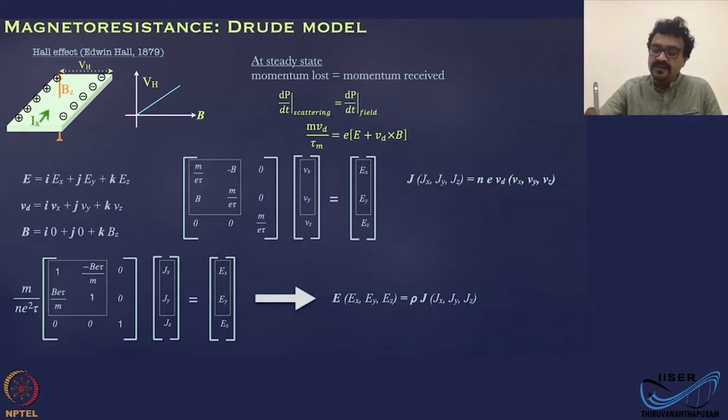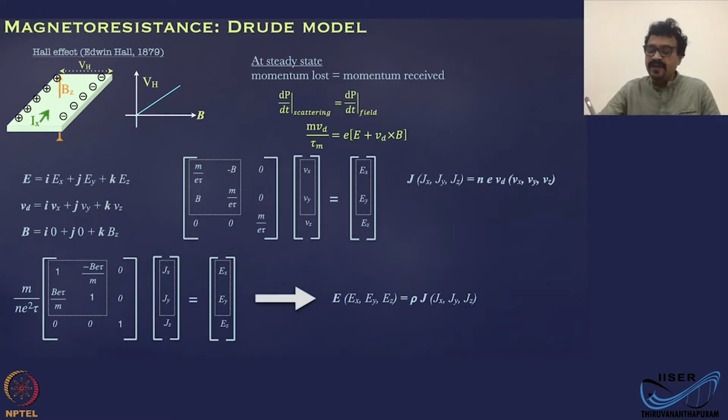The assumption here is that the carriers undergo scattering with various scattering centers inside the material, and the momentum lost during the scattering is momentum received from the field, and this is the condition for the steady state.